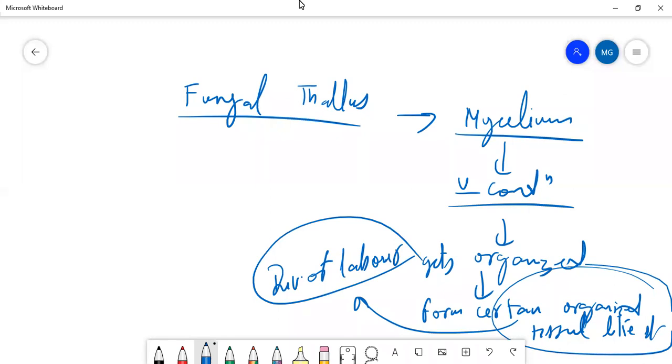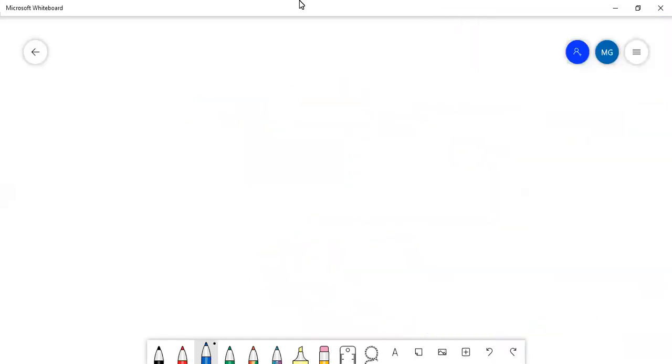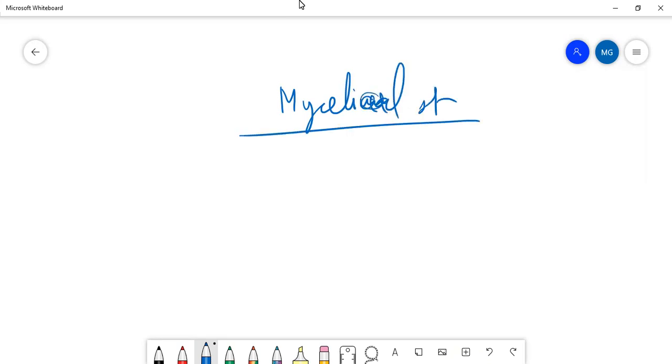So under certain conditions, the mycelia, the hyphae, can get organized to form tissue-like structures. We are looking at these organized structures formed by the mycelium. Let us look at the mycelial structures.